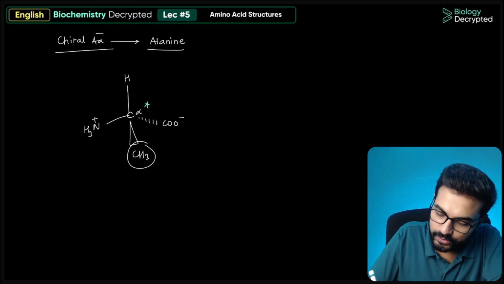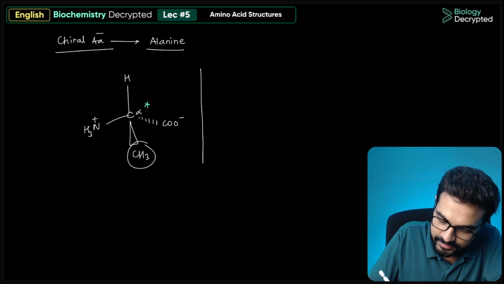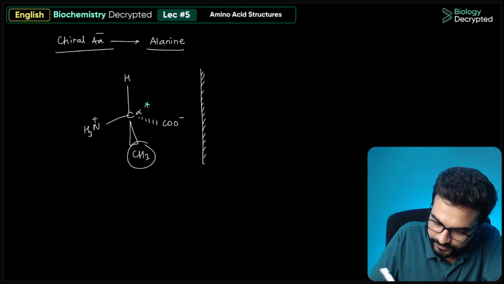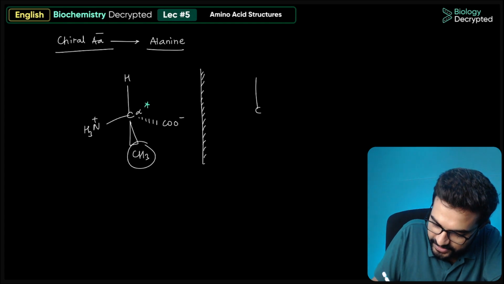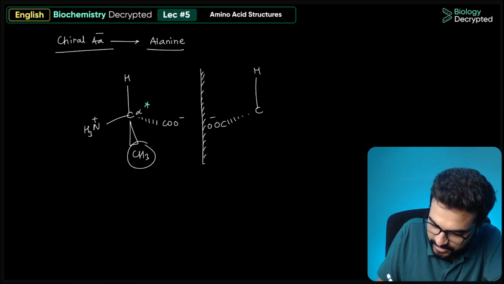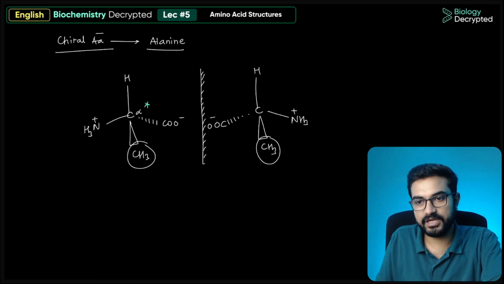Now if we try to draw the mirror image, this is how the mirror image would roughly look. Here we have COO minus, here we have NH3 plus, and here we have CH3. This is the mirror image.